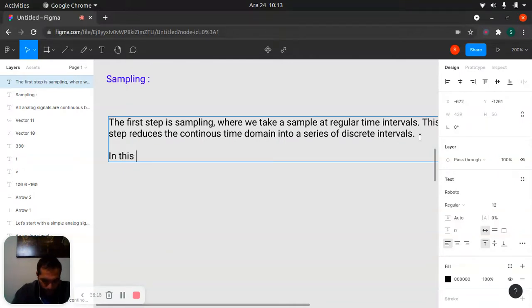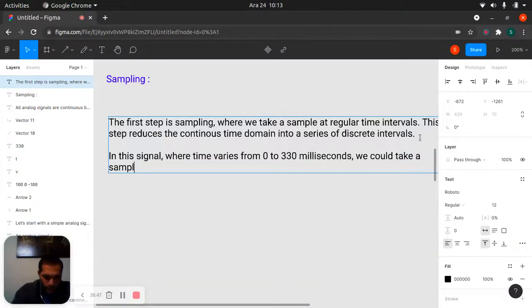In this signal, where time varies from 0 to 330 milliseconds, we could take a sample every 30 milliseconds, because we will separate sampling in the time. Okay, so just think we have 330 milliseconds.